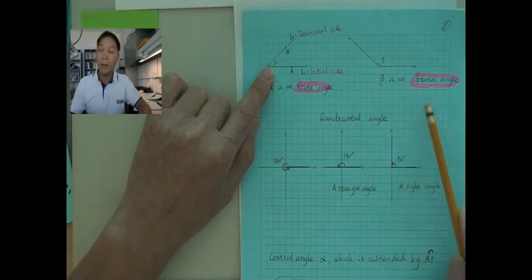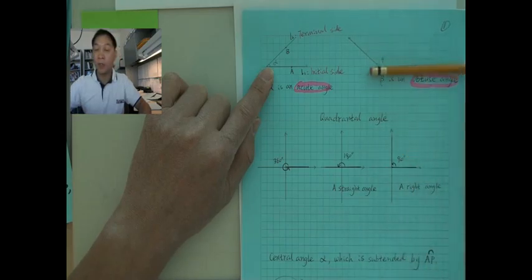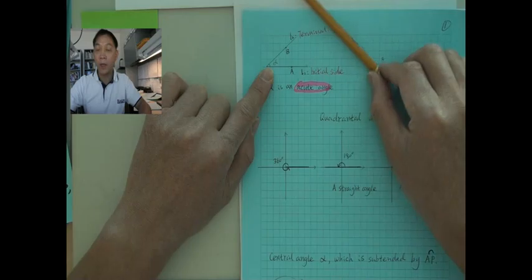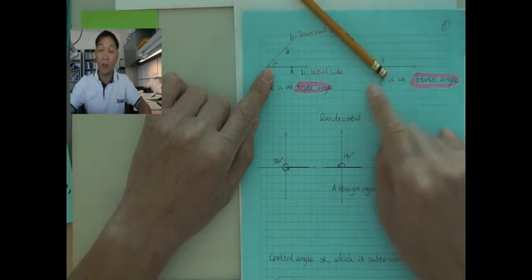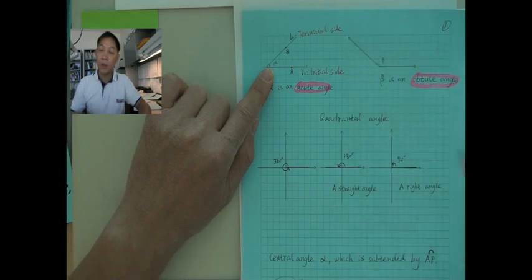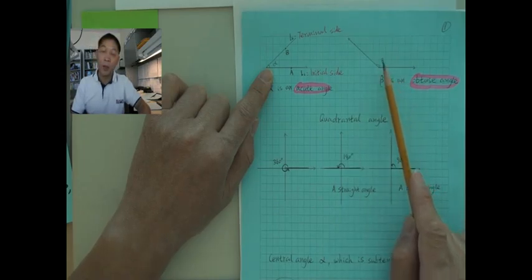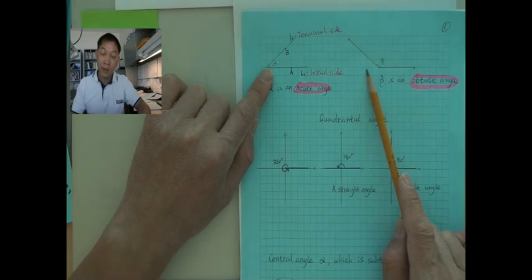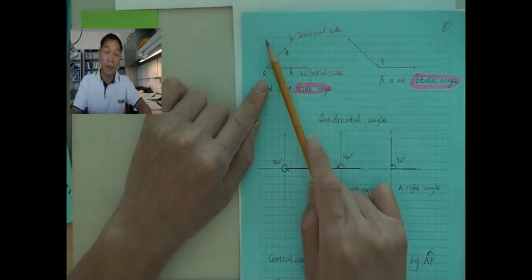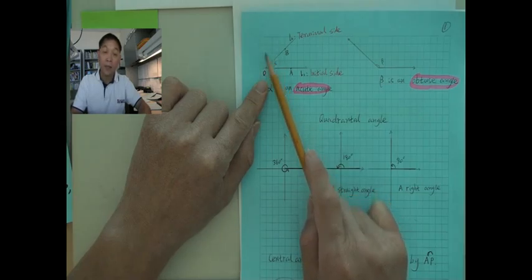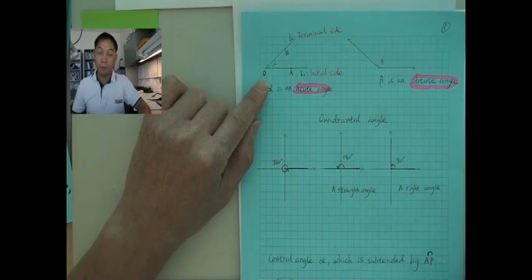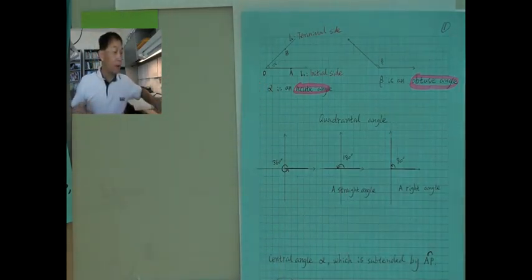And then this one apparently rotates more than 90 degrees, but is less than 180 degrees. So this angle is called an obtuse angle. So for the obtuse angle, that means greater than 90 but less than 180. For acute, it means less than 90 but greater than 0. Okay, those are the terminologies.